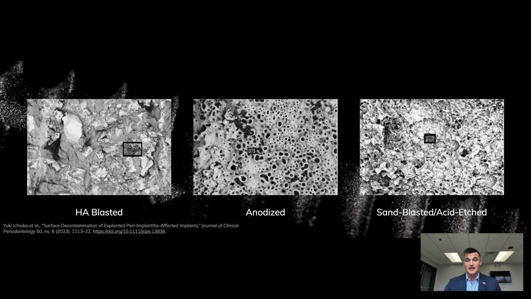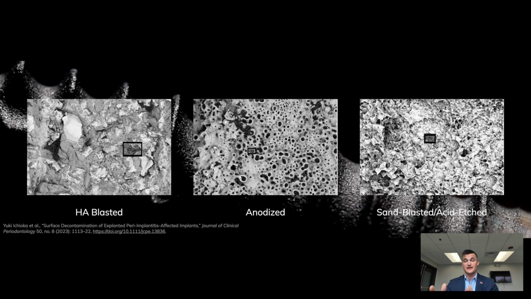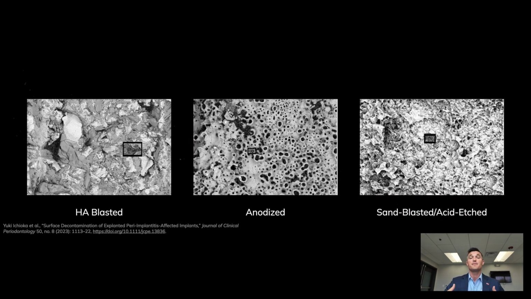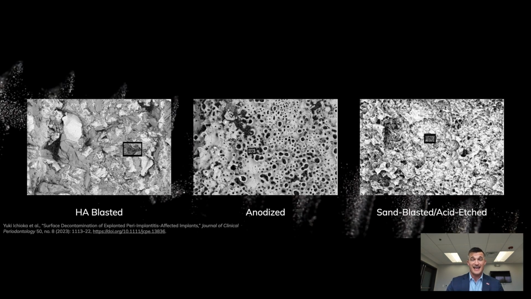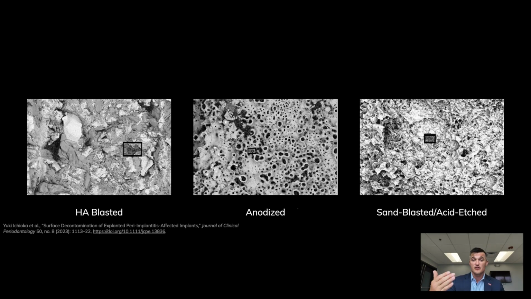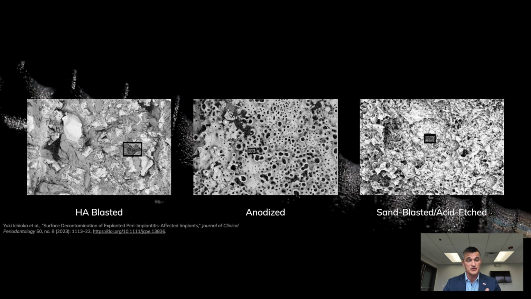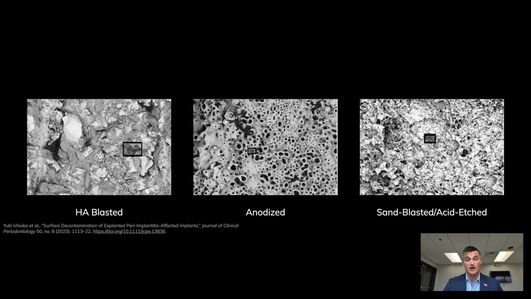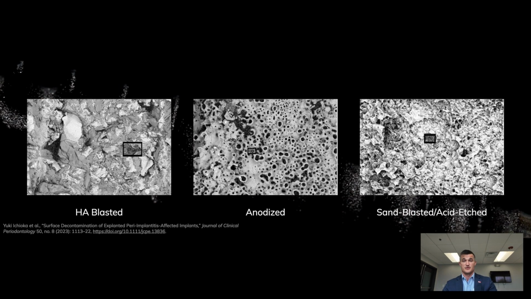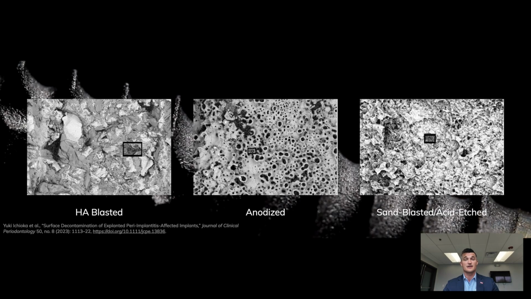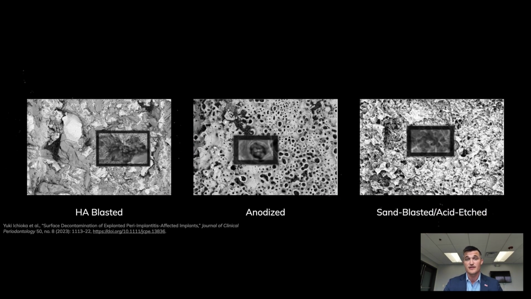And in this study, they took these three implant surfaces, they took implants that were impacted by peri-implantitis and that had been removed due to severe peri-implantitis. They'd been explanted. And they treated these implants with various surface decontamination strategies to see if implant surface characteristics would impact our ability to clean the surface of the implant.